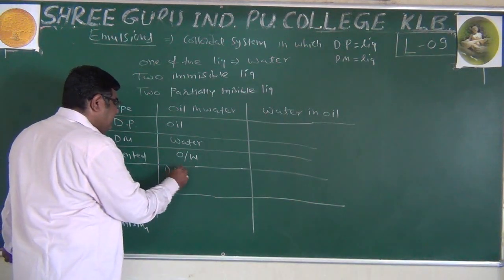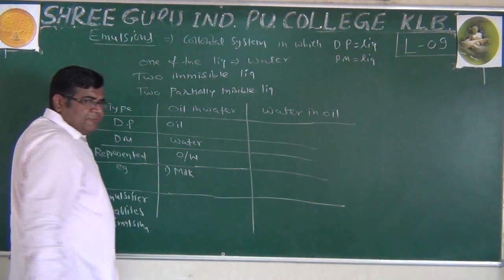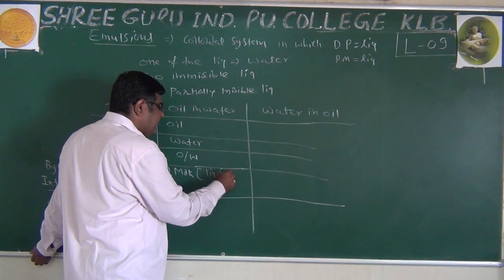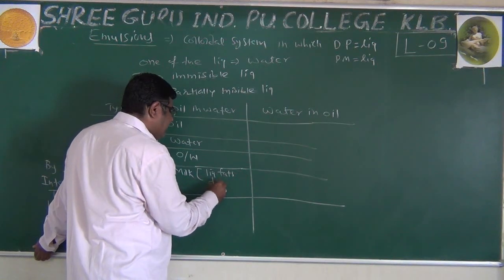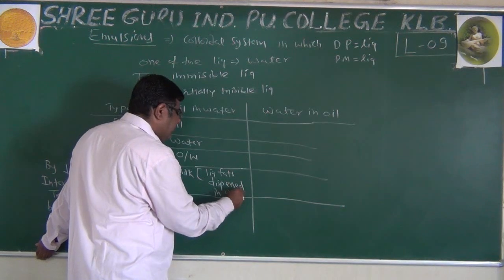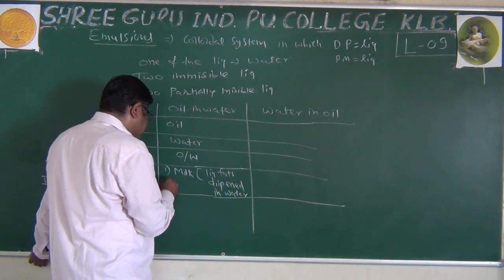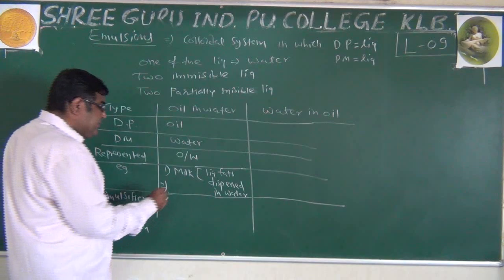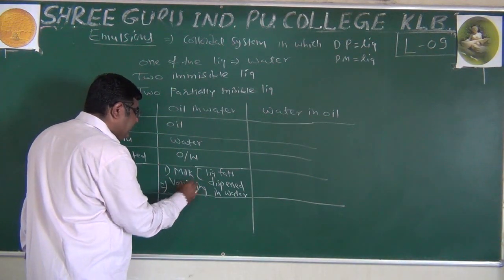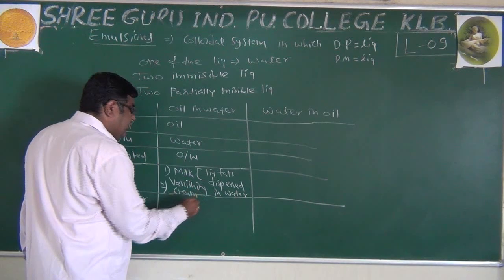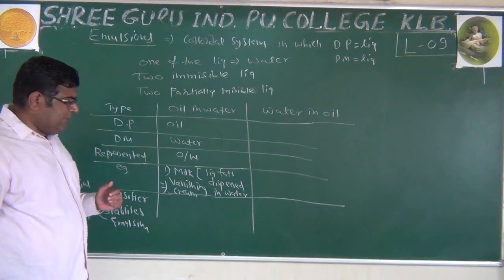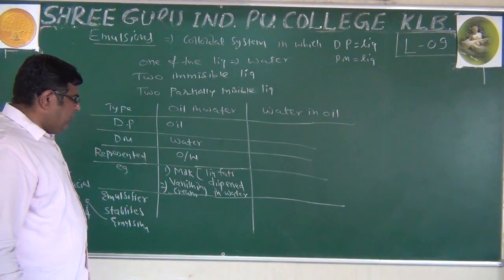The example is milk, in which liquid fats are dispersed in water. Another example is vanishing cream, a type of ointment. When we rub it on skin, it disappears. This type of cream also comes in the form of an emulsion.